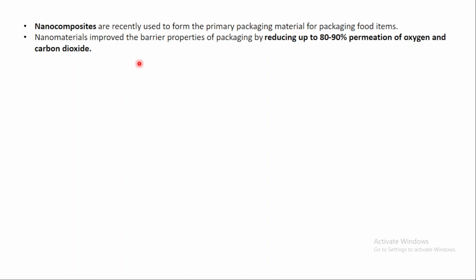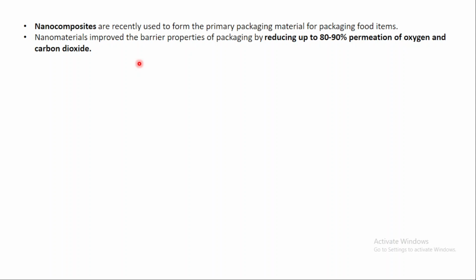So the orange juice packed inside a nanomaterial will not be exposed to the outer air or carbon dioxide. Because oxygen and carbon dioxide are very crucial in leading to growth of microbes and the food going bad, growth of yeast, fermentation, all those will be prevented when nanomaterials are employed in the packaging of food.